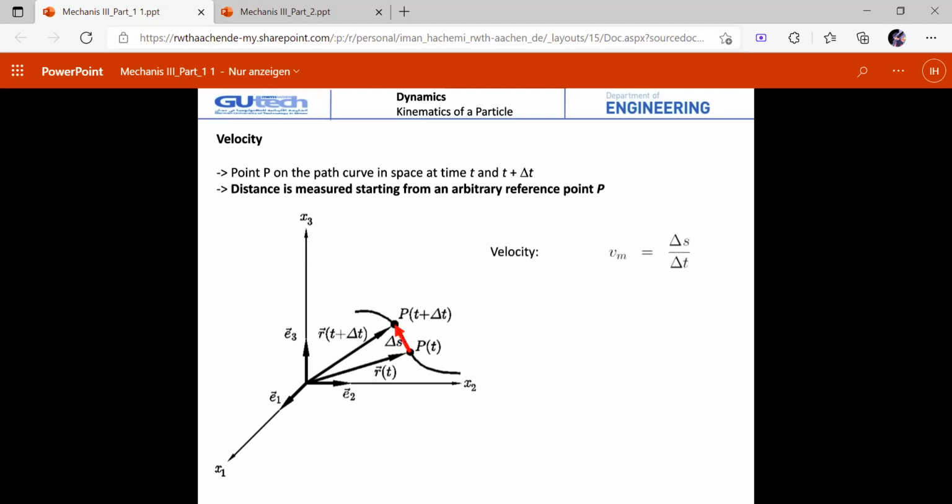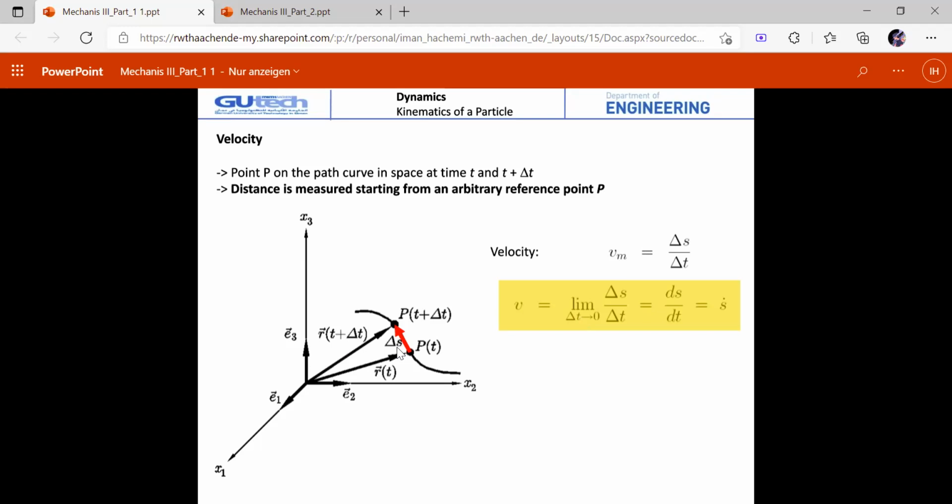If we now look at the equation for the velocity, the average velocity, as it's defined, is the time derivative of the position. In our case it's delta S over delta t.